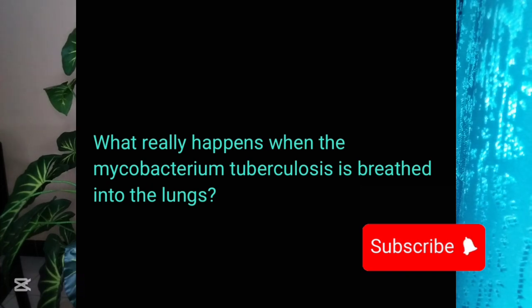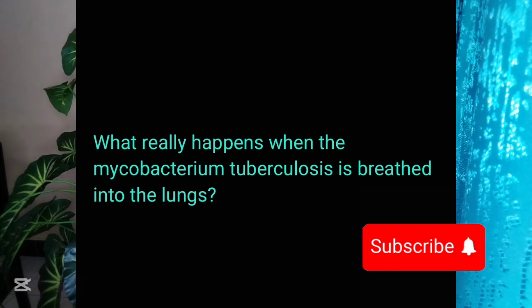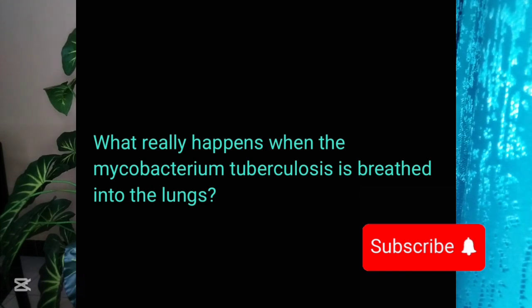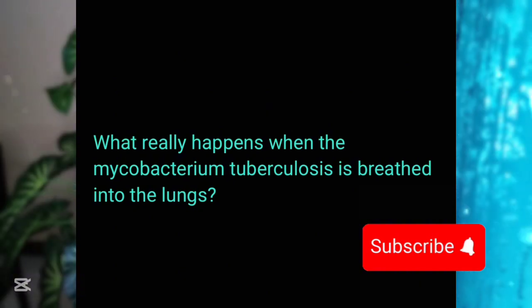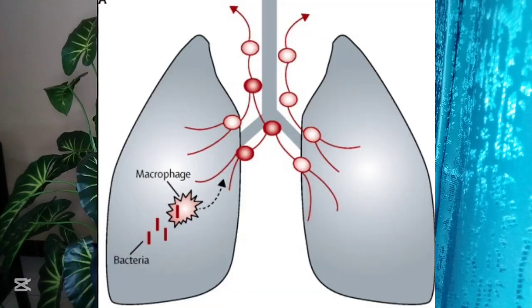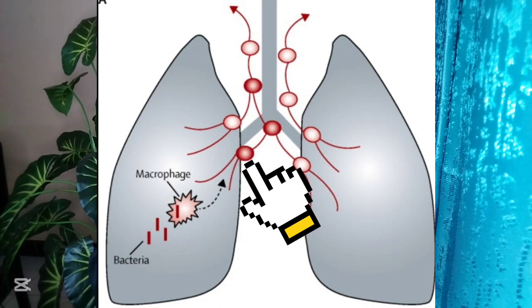Other cells of the immune system are recruited into the lymph node, for example, the dendritic cells, the lymphocytes, the eosinophils, and the fibroblasts also come into play, and they lay down collagen, forming a wall around the Mycobacterium tuberculosis infected macrophage. But this time around, it's in the lymph node.